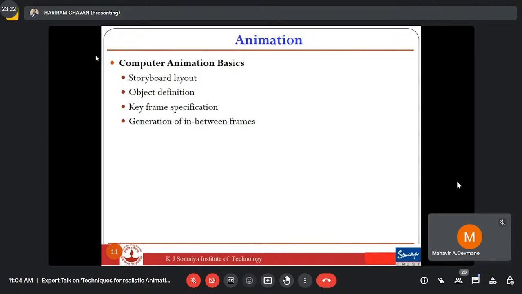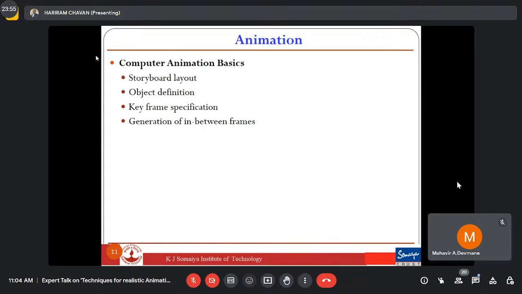So this storyboard layout actually represents a clear-cut outline of an action. And obviously, to represent this clear-cut outline for the set of actions, you need to create sketches. In the older days, as we have seen in the historical perspective of computer animation, they used to generate a sequence for different actions, and every sequence was described, and for that they used to sketch.